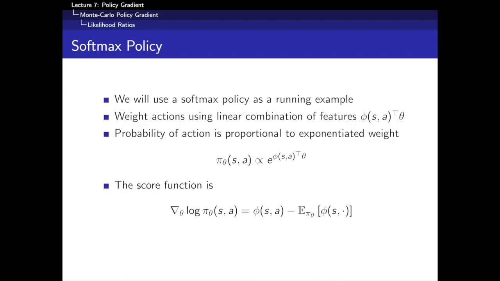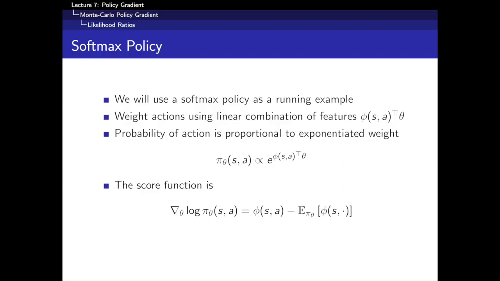So we've got features of our action in our state, we've got some parameters for those features, and then we weight those features by some weight, and we add it all together, and that tells us how much we desire that particular action A. And then to actually turn that into a probability, we just exponentiate it and we normalize. So the idea is that the probability that we actually pick an action is proportional to the exponentiated value that we get when we take a linear combination of these features.